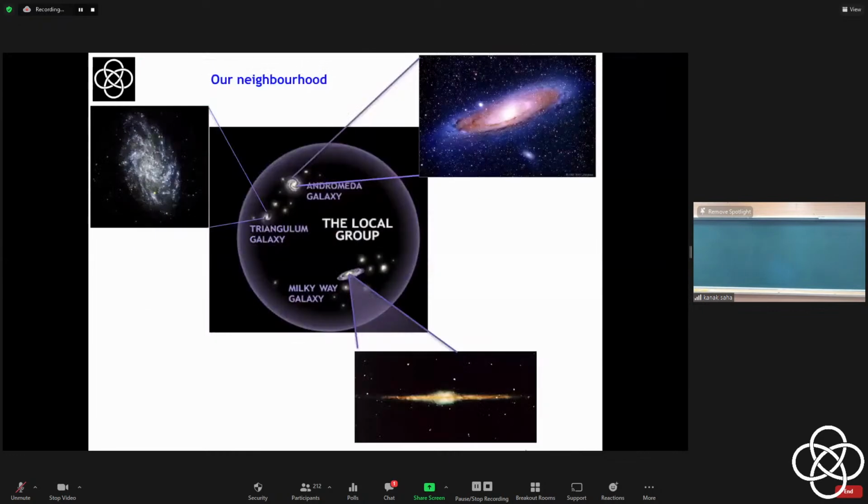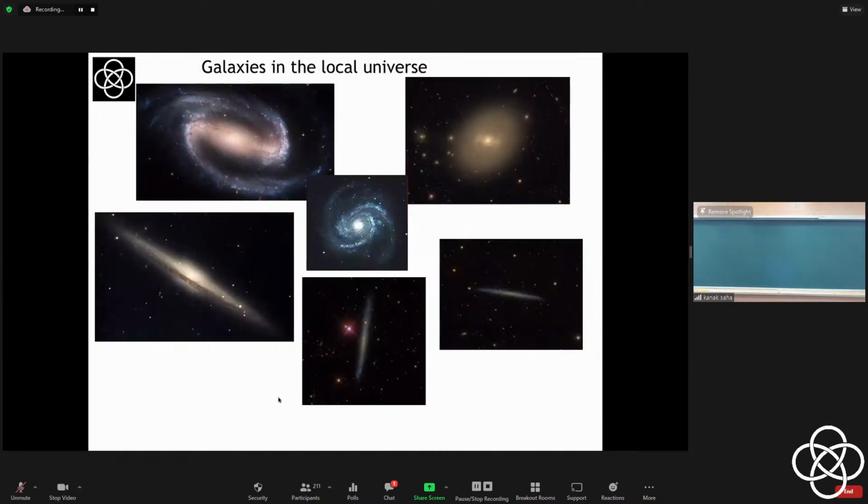In the central structure they look like a box, and they also look like a box here. The Milky Way is known to have this kind of structure, and so do many other galaxies, but some don't.